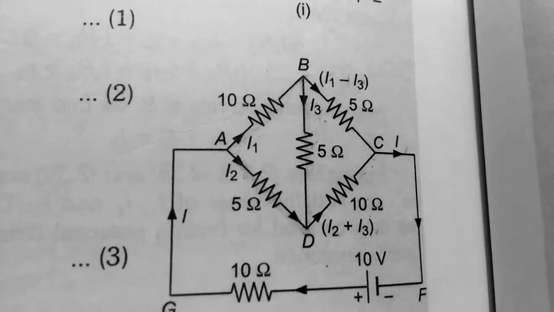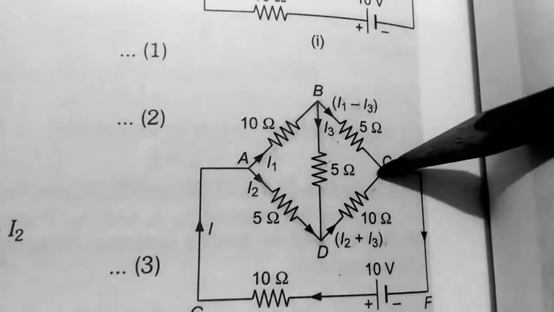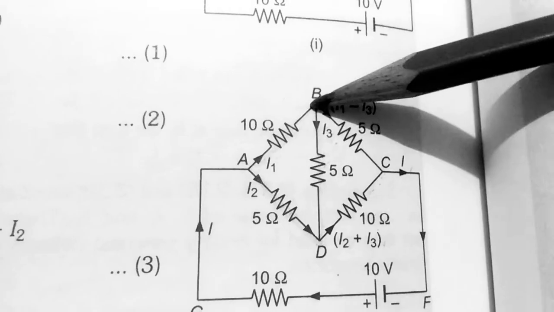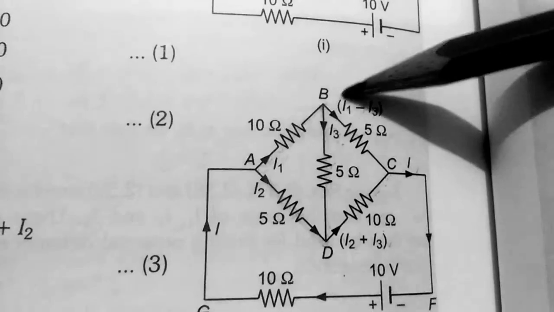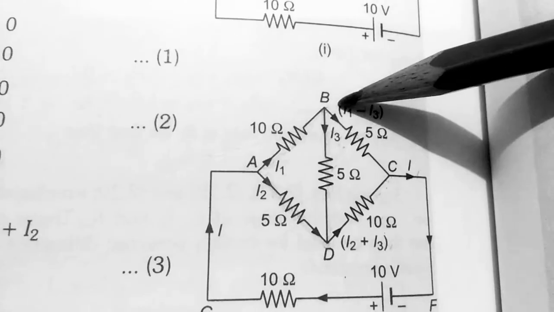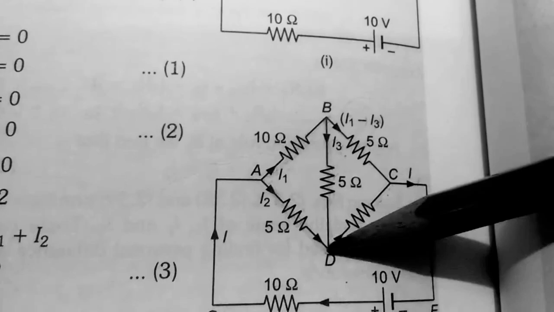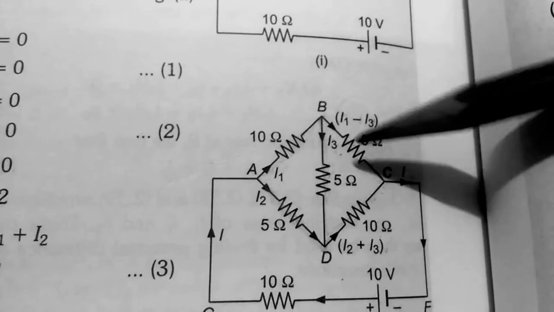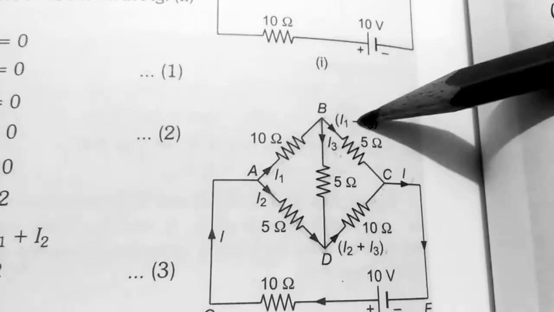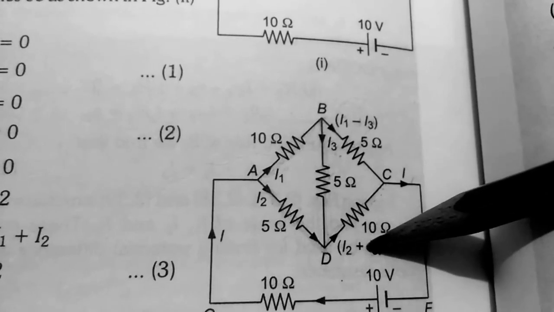Okay. Now here in the second loop, B, C, D, B, we take this current as negative. If we take this current negative, then I3 and this one are in the same direction and they are opposite to this current. So I3 and I2 plus I3 both become positive.